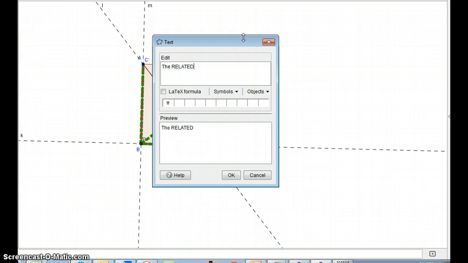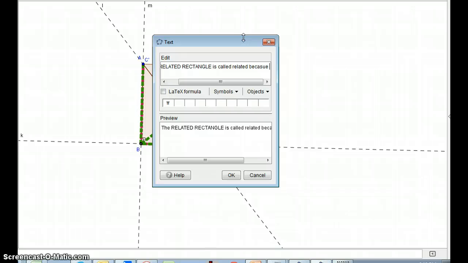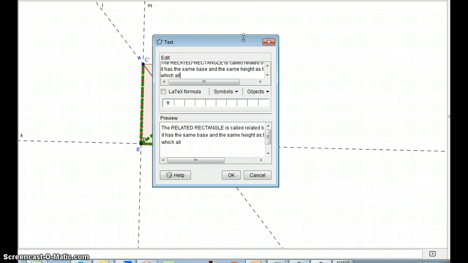The related rectangle is called related because it has the same base and the same height as the triangle, which allows us to borrow the measurements to find the area of the related triangle.